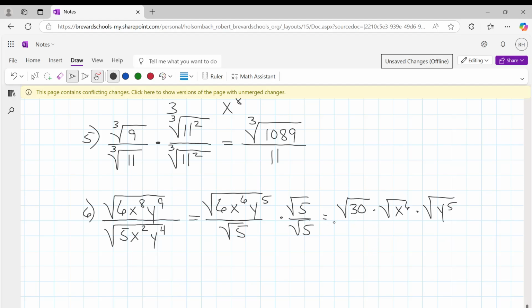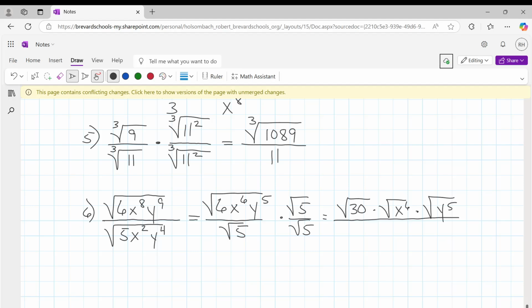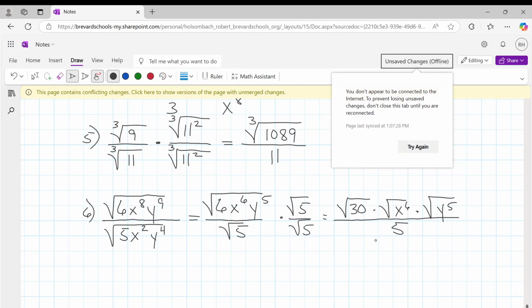And all of that is over the square root of 25. Square root of 5 times square root of 5 is the square root of 25, and the square root of 25 equals 5. So when you rationalize that denominator, you just get what was under the radical.